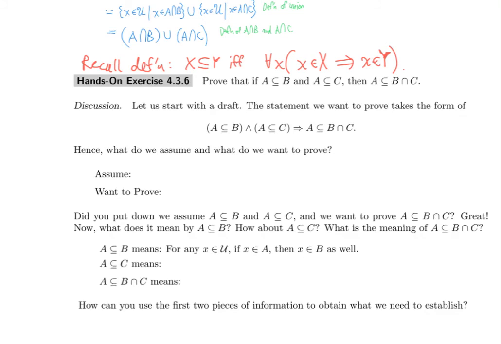Okay? With that piece of advice in mind, go ahead, read this discussion, do these steps where they're asking you, what are you needing to assume? What is it that you want to prove? This definition up here should help you answer that. And then there's some more discussion that continues.